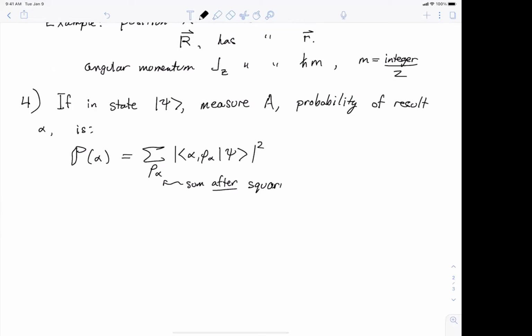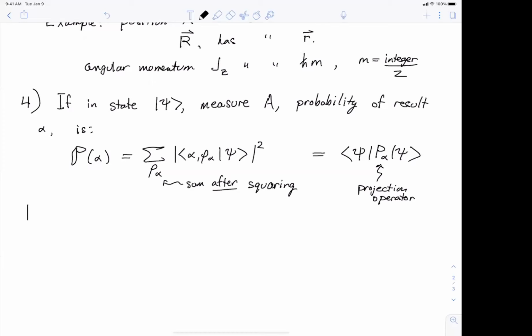In the situation where you have to sum over degeneracy labels, a different way of writing it is this. You sandwich a projection operator in between the state in the matrix element.